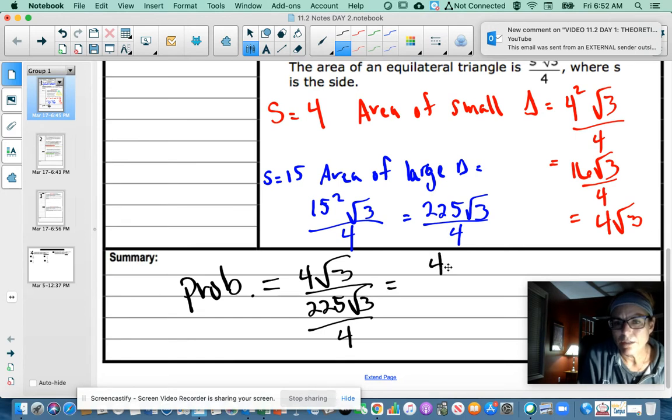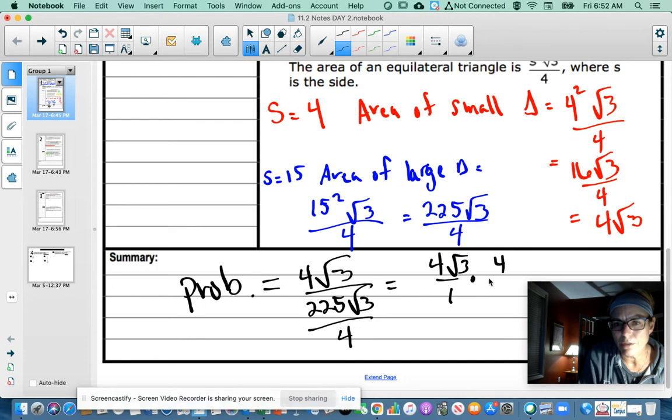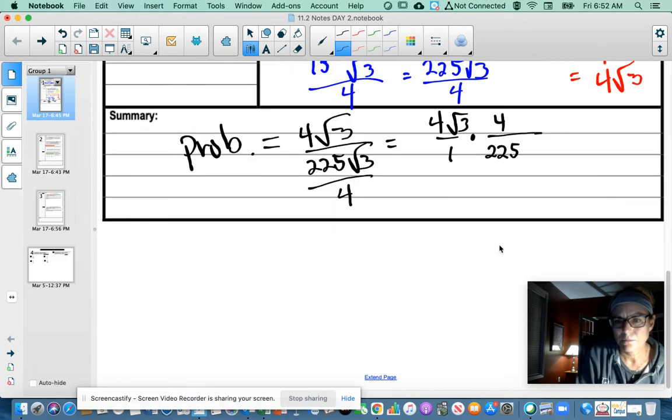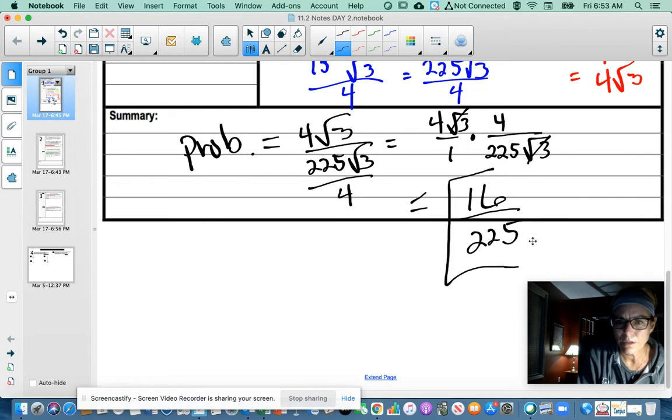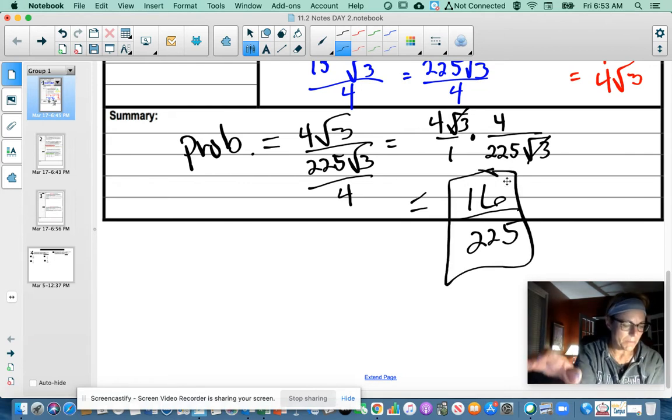So I'm going to take the top times the reciprocal of the bottom. The root 3's cancel. 4 times 4 is 16 over 225. And there is our probability. And that is geometric probability.